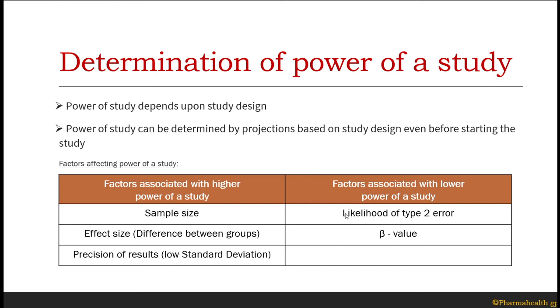So a likelihood of type 2 error will reduce the power of study, or indirectly we can say that any bias which may cause wrong rejection, which may cause type 2 error, will lead to lower power of study.